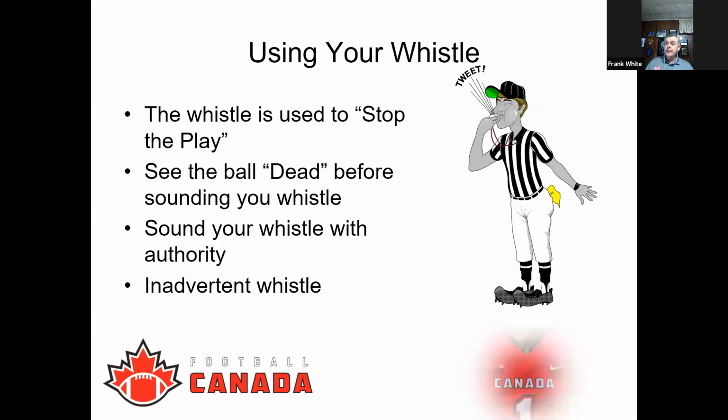The last thing you want to do, and I think we mentioned it last week as well, is to blow the play dead, and as you just start to blow the play dead, you see the ball rolling free from the pile. That's a real sinking feeling when you see that happen, that now you just killed the play and the ball was a fumbled ball. So make sure that you see the ball when you blow the play dead.